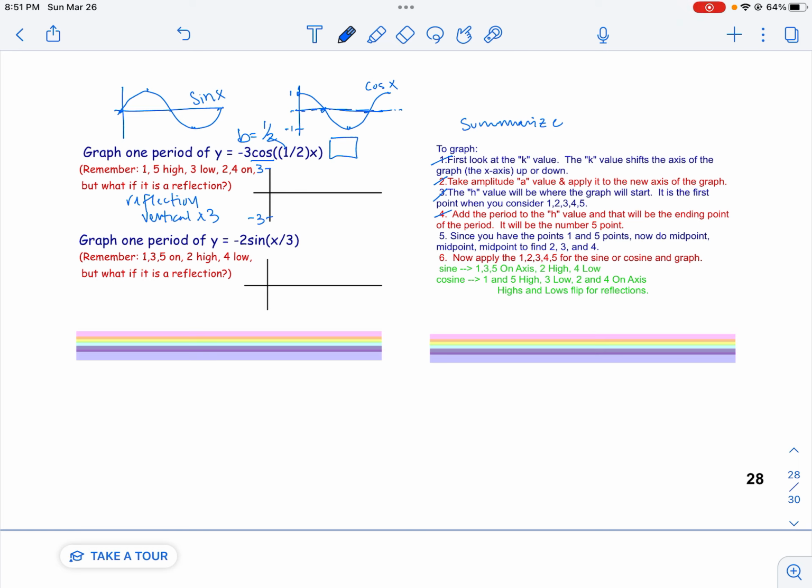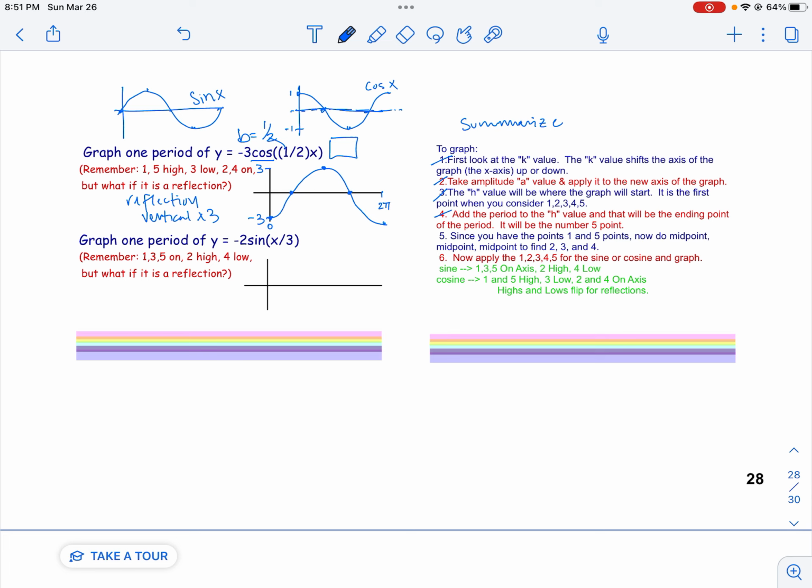But I know it's going to start at 0 and end at 2 pi. And so now I'm going to take that cosine curve that's been flipped over, start at low, go through 0, go to +3, go to 0, and now go down to -3. And here is the graph of -3 cosine 1/2 x.